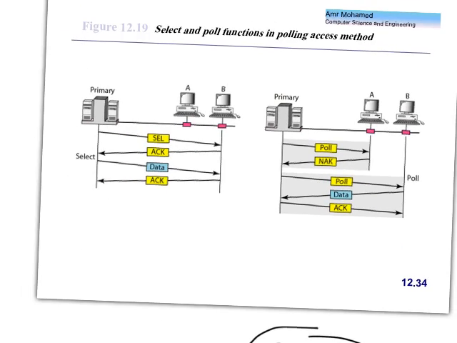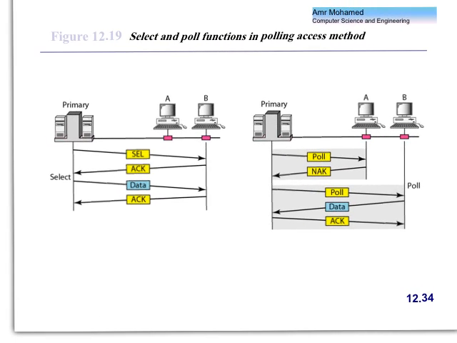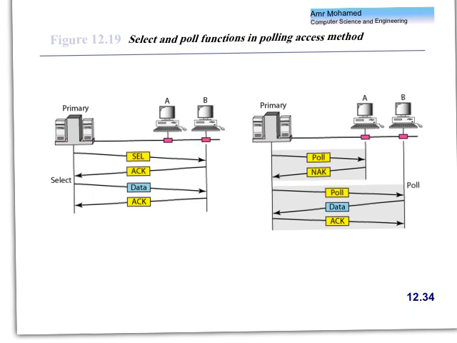So in that case, the primary node can either send data to a station or get data from one station. Okay? So the way that the polling function works is that this scenario talks about the downlink transmission, and this talks about the uplink transmission.